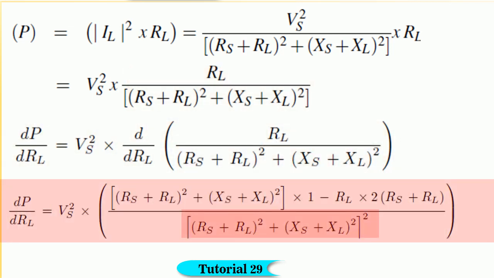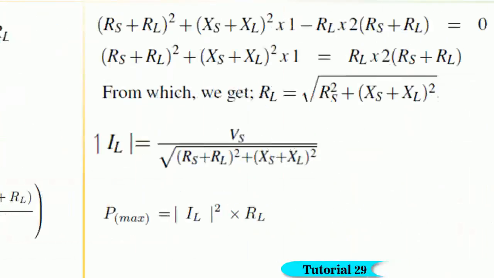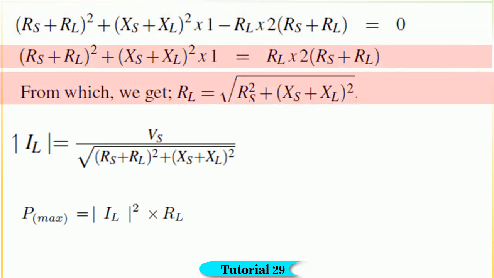By putting dP by dRL equal to 0, we see that only this part of the equation is left out, because Vs squared and denominator taken to the right hand side of the equal to sign result in 0. So, by putting (Rs plus RL) whole square plus (Xs plus XL) whole square minus RL into 2 times (Rs plus RL) equal to 0 and solving it, we get RL is equal to square root of Rs squared plus (Xs plus XL) whole square.